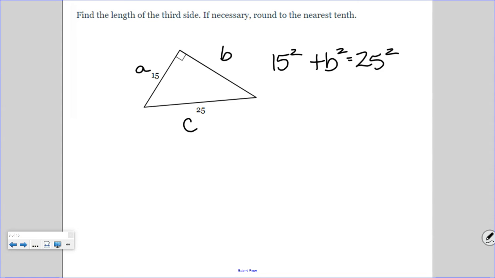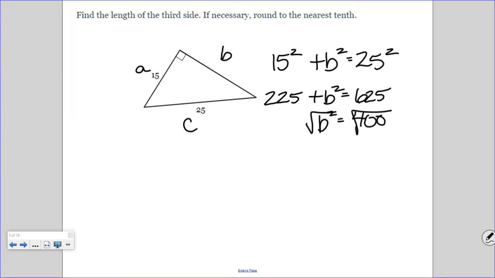So then I would square 15. 15 squared is 225 plus b squared equals 25 squared is 625. If I subtract 225 on both sides, I get 400. Take the square root of both sides, and b is 20. So side B is 20.